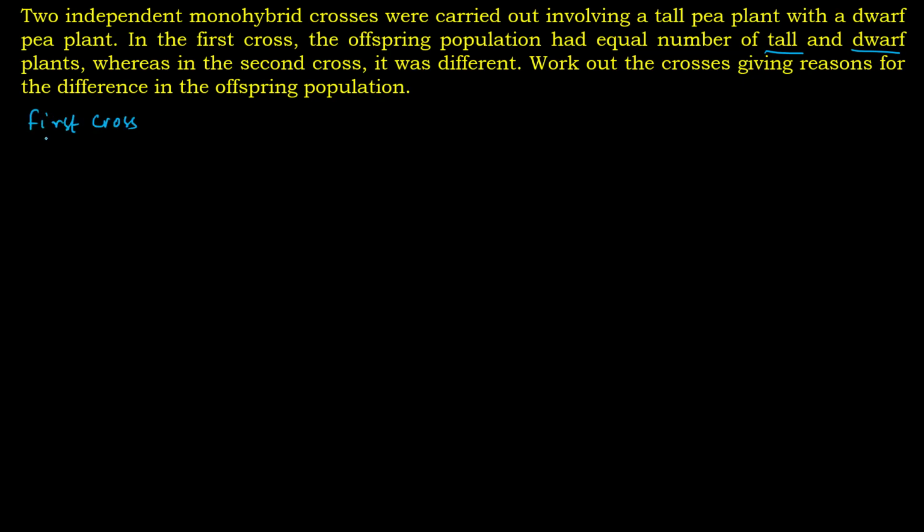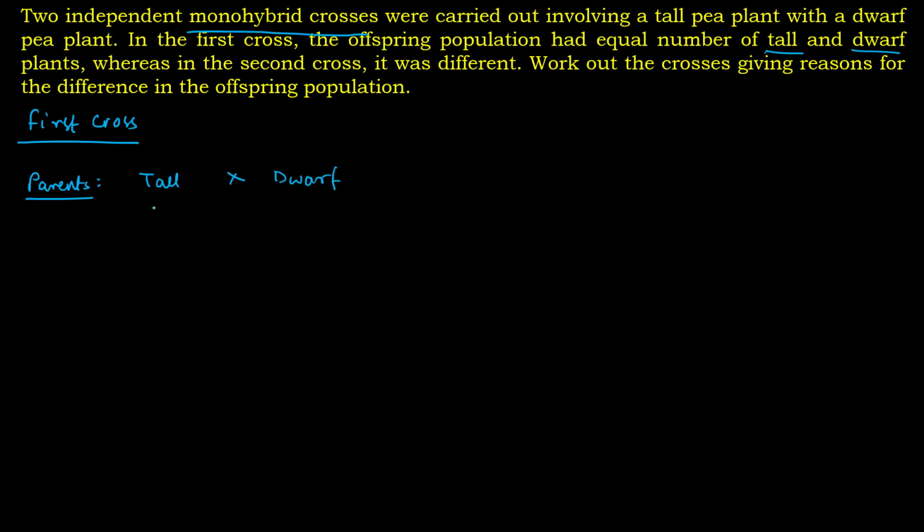In the first cross it is said that we are going to have equal numbers of tall and dwarf plants. So if in the progeny there are going to be dwarf plants, when we talk about a monohybrid cross, you have to understand that there are going to be heterozygous tall plants as parents. So very simple, we start with the parents, the tall plant crossed with the dwarf plant.